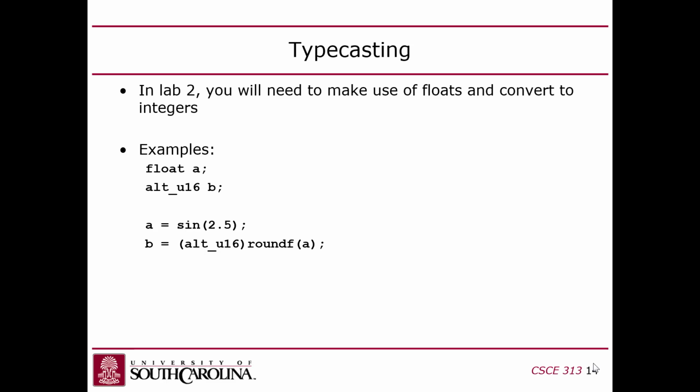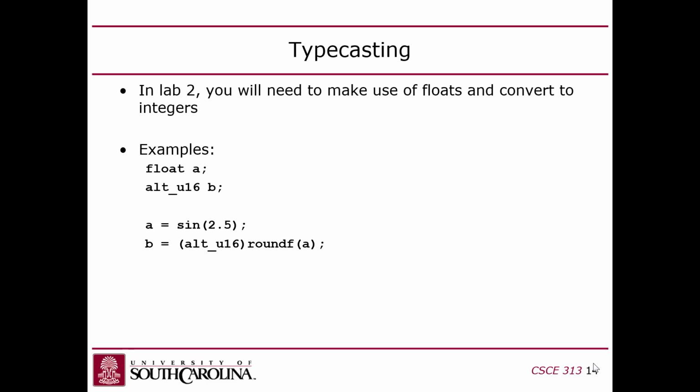Now you might say, wait a second, if I didn't have that typecast, and I just assigned roundf to b, and b is declared as a uint16, wouldn't it automatically typecast it? I think so, but I'm not sure. You're leaving that up to the compiler, which is dangerous. I would cast it just to be sure what's going on. You see, this is a float that you're assigning to an integer. If you typecast it, then you convert it explicitly.